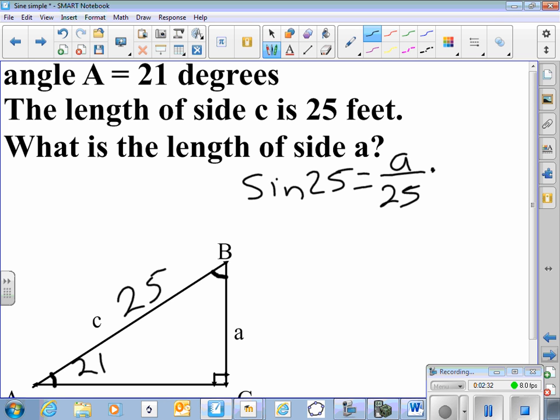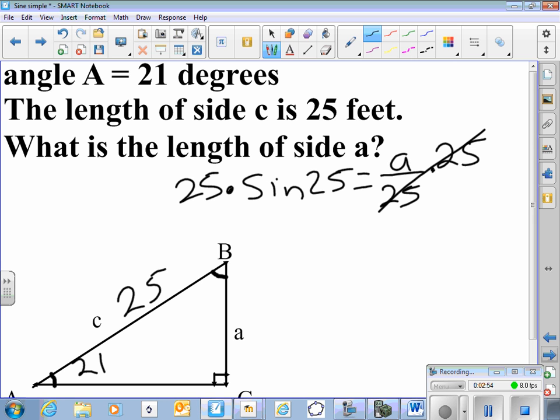So for solving, A is being divided by 25. If we multiply by 25, that will cancel the divide by 25. So A is equal to 25 times the sine of 25.